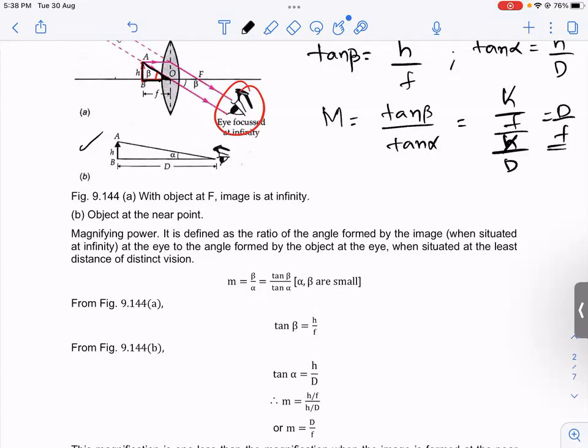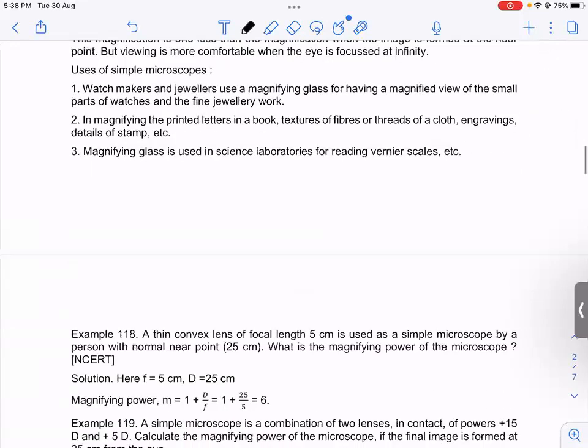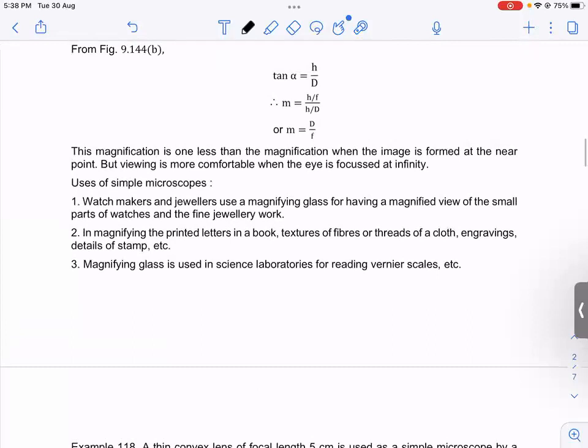Done. So two conclusions. Magnifying power when the image is formed at the least distance of distinct vision is 1 plus D by F. When it is formed at the far point, it is capital D by F. Similar is going to be the case with other optical instruments also. Whatever we did here, we are going to do the same thing.